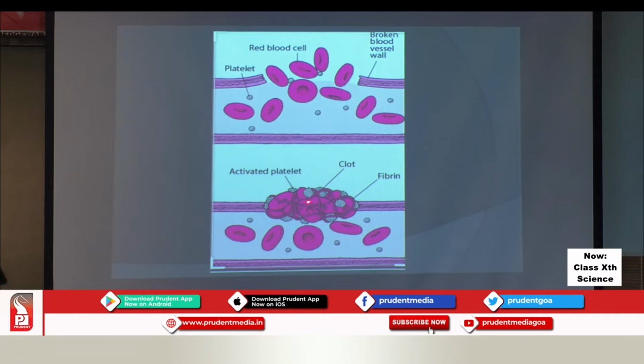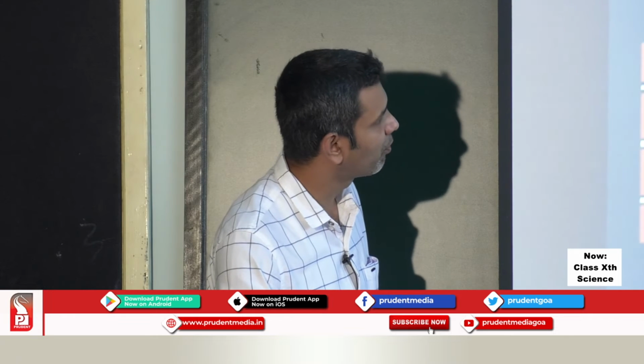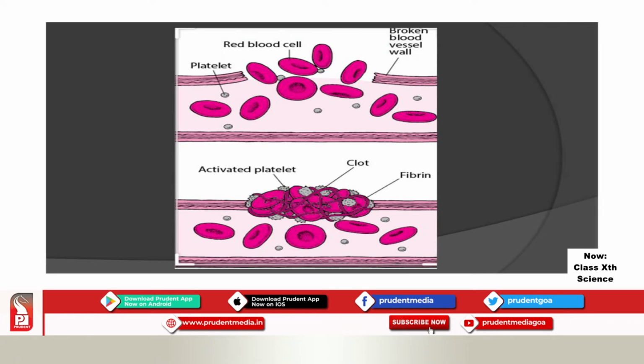So, a sort of mesh is formed here, okay, and that helps in clotting the blood, and the blood will not come out of the blood vessels. So, platelet cells play a very important role. At the point of injury, I repeat, at the point of injury, platelet cells plug the leakage.